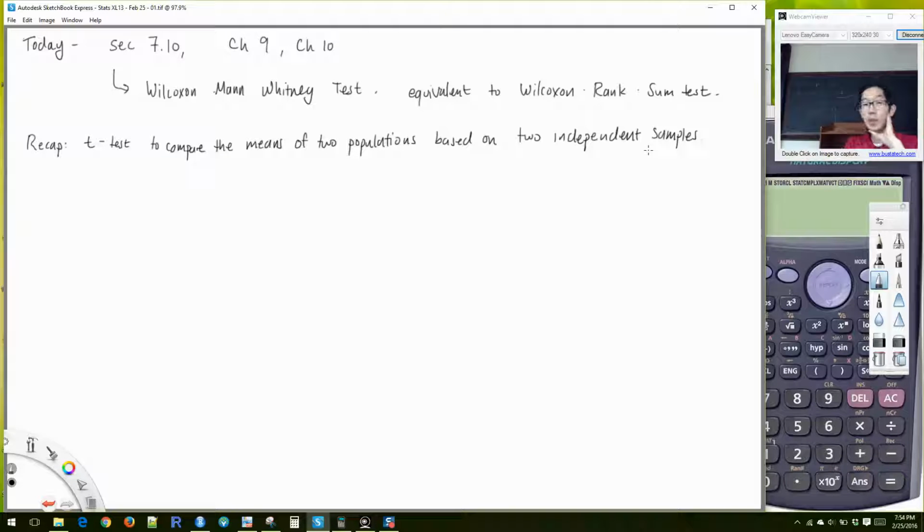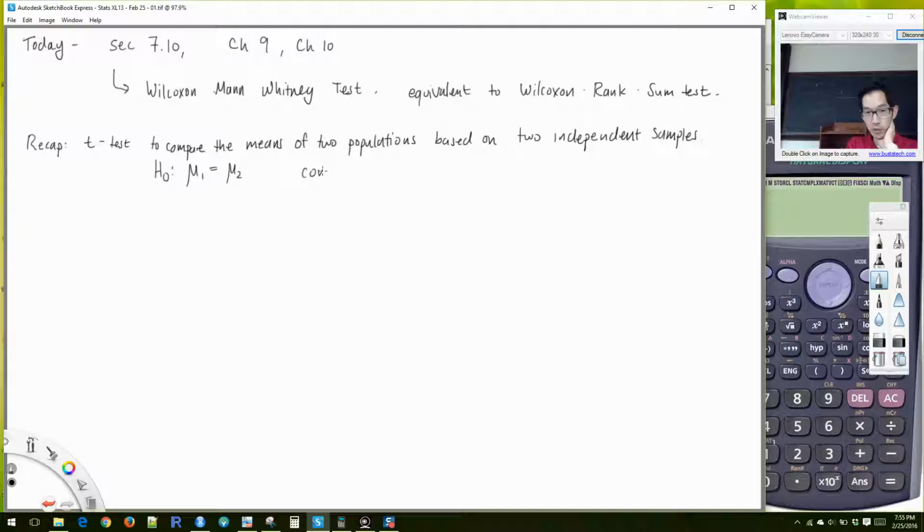In chapter 8 we did the t-test to look at paired data from paired samples, okay? But in chapter 7 we compared the means of two populations based on two independent samples, okay? And here, our null hypothesis was mu1 is equal to mu2, okay? And all of our math and our conclusions were based on the t-distribution, okay?